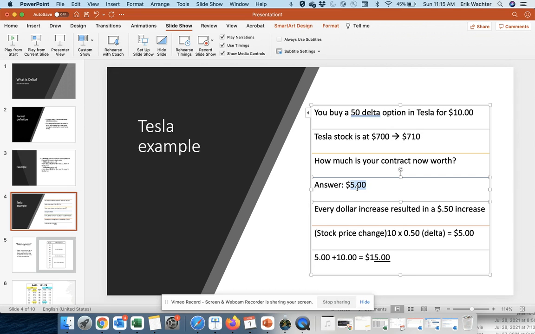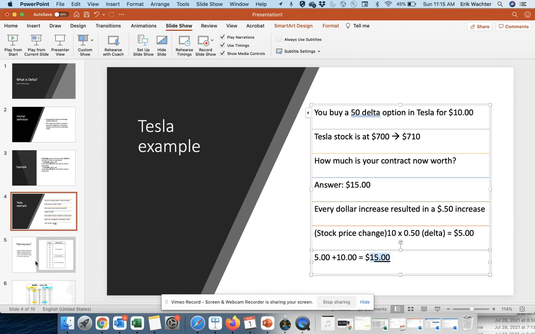The answer is 15. Every dollar increase resulted in a 50-cent increase in your contract. The stock price went up $10, and each dollar move resulted in a 50-cent increment, which yields 5 full dollars. So your contract was originally $10, you add the 5, and now it's $15.